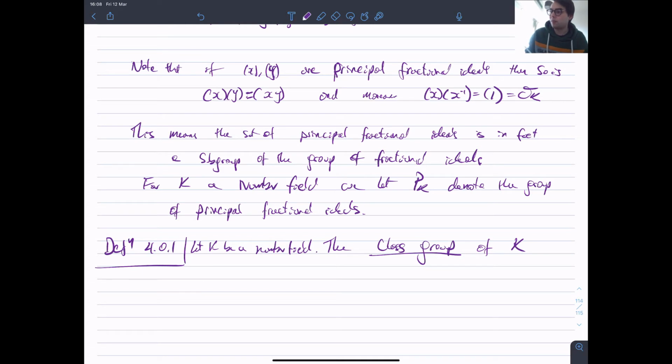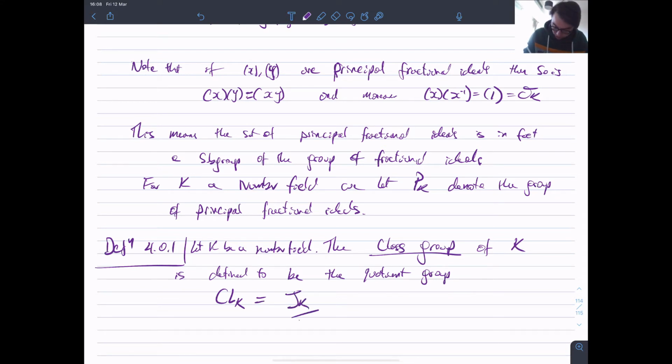The class group of K is defined to be the quotient group, denoted Cl(K), that we get by JK over PK. I'll remind you that JK is the group of all fractional ideals.